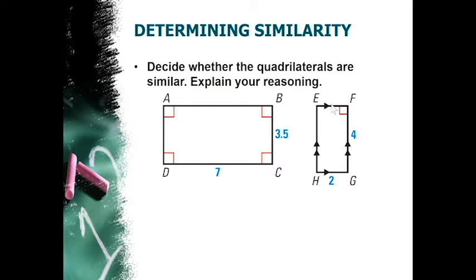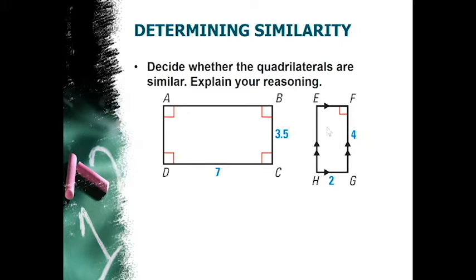And there is. The fact that you have lines that are parallel. EF is parallel to HG. That tells me that angle F and angle G have to be same side interior angles that add up to 180 degrees. So if this is a 90-degree angle and angle F and G add up to 180, that means angle G also has to be 90 degrees.